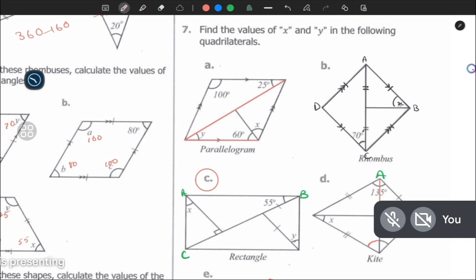Okay. So let's see the question. Let's observe what the question is saying. They want you to find this angle and this angle, right? Now let's see what we have. We have four parallel lines and one line that is bisecting these angles, right?